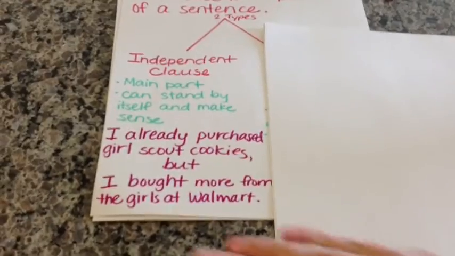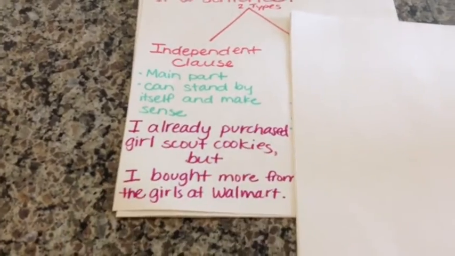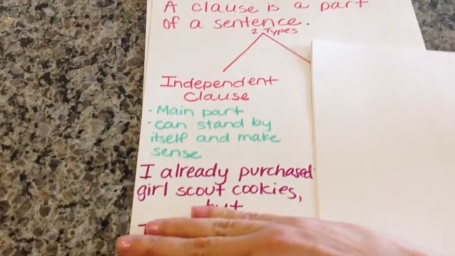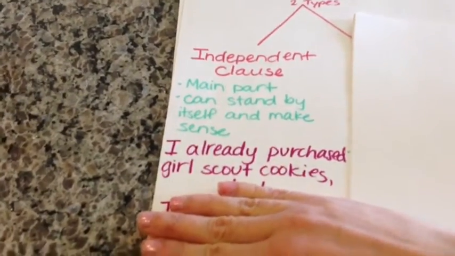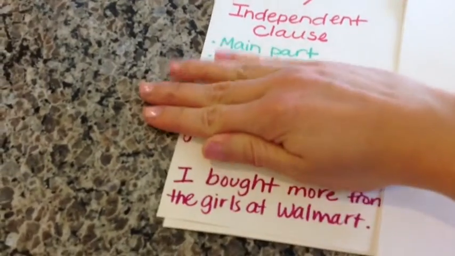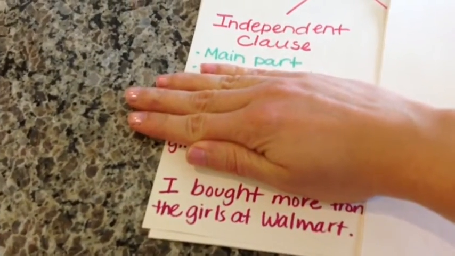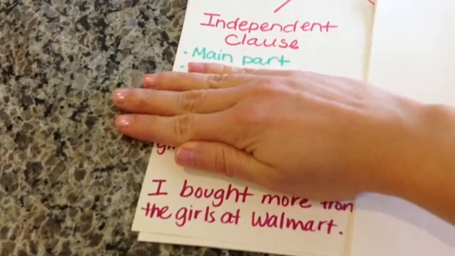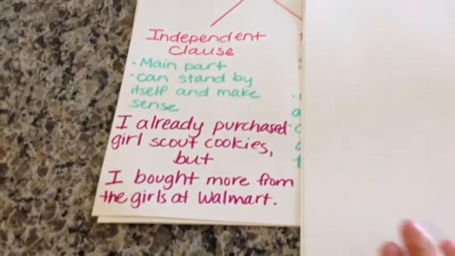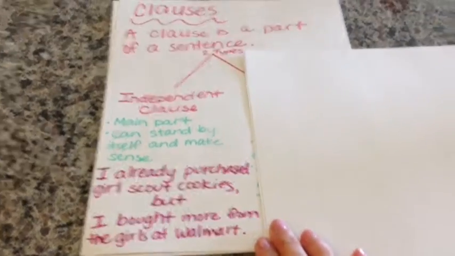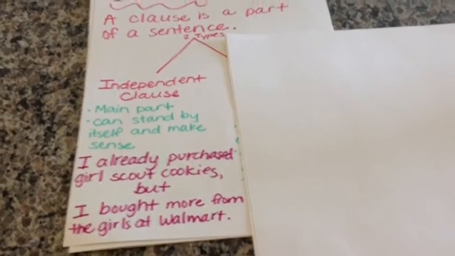Okay, if I cover up this part right here, but I bought more from the girls at Walmart, that would make sense. I already purchased Girl Scout cookies. That makes sense on its own. What about if I cover this part up here? I bought more from the girls at Walmart. Does that make sense on its own? It should. It has a subject and a predicate. So these two clauses together form a complete sentence, and it's a compound sentence.